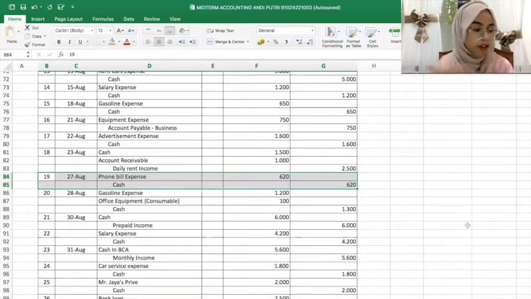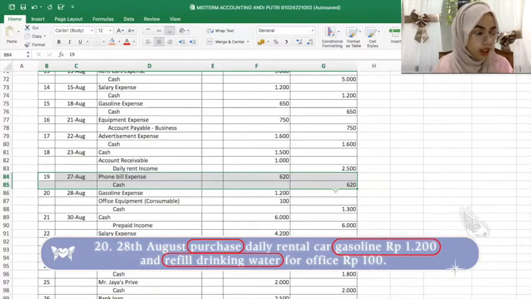Because they pay for the phone bill, the expense is increasing, so we put it into the debit side for 620 rupiah, and cash is decreasing because we pay for the phone bill, so it goes on credit for 620 rupiah.